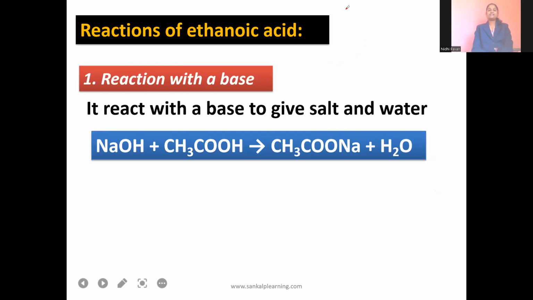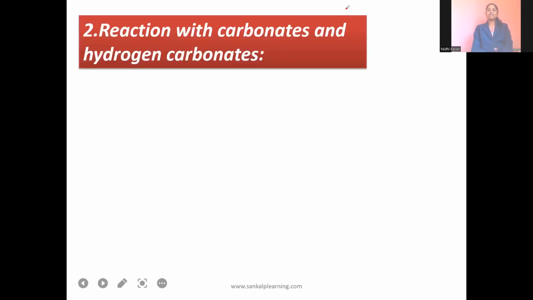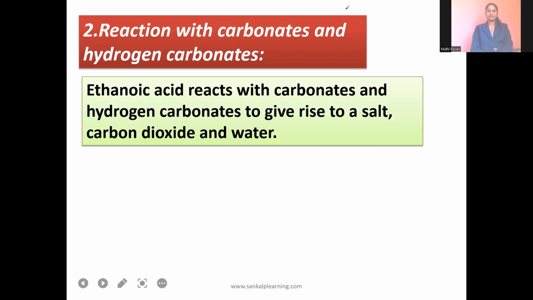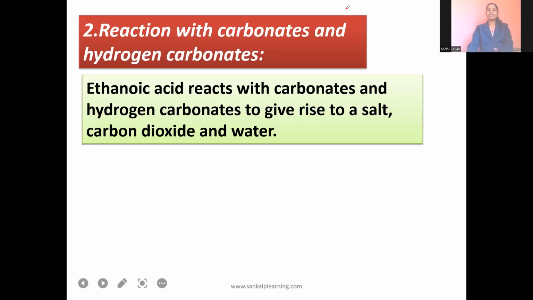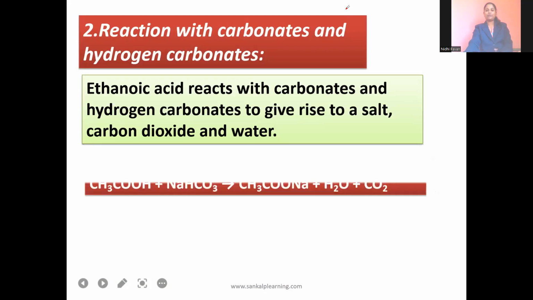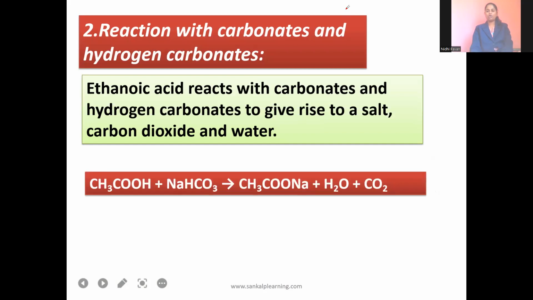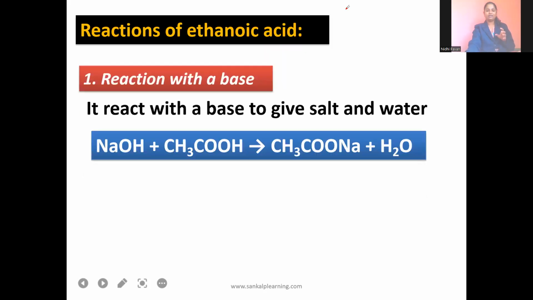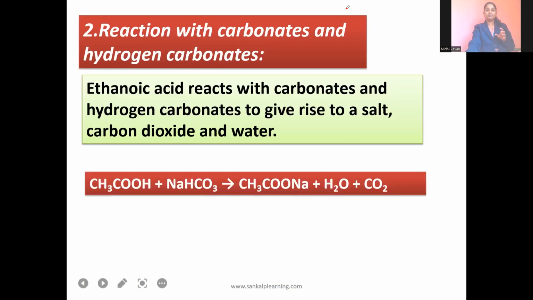Ethanoic acid reacts with a base to give a salt and water, right? Then the reaction with carbonates and hydrogen carbonates: ethanoic acid reacts with carbonates and bicarbonates to give rise to a salt, water, as well as carbon dioxide.